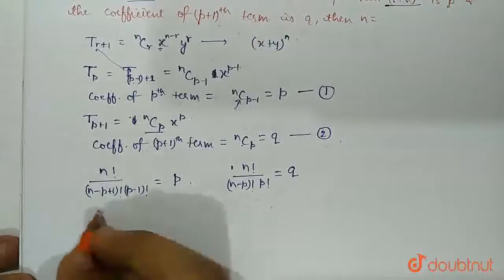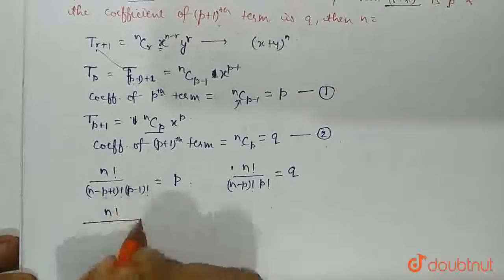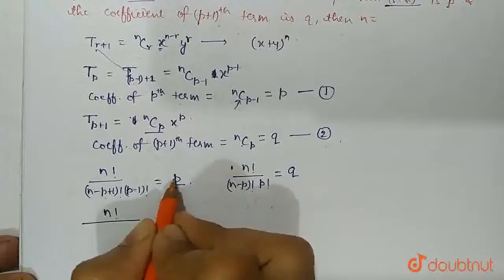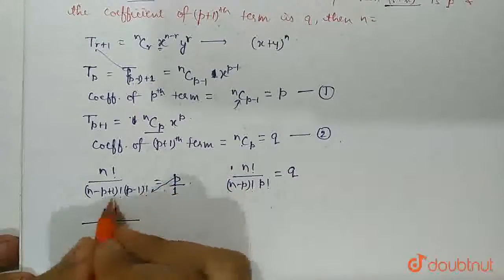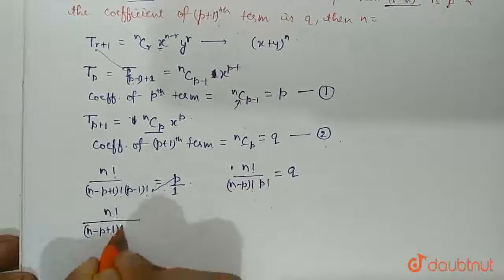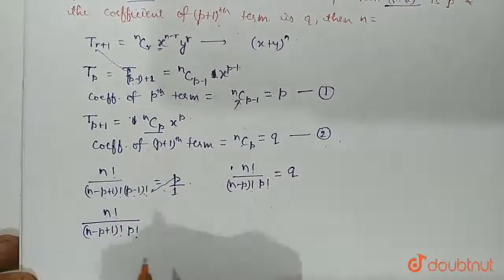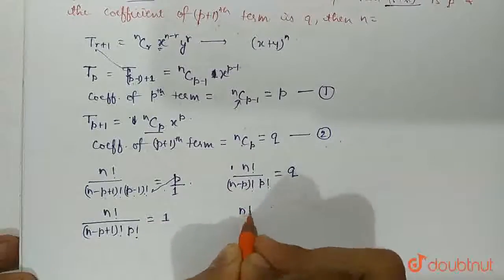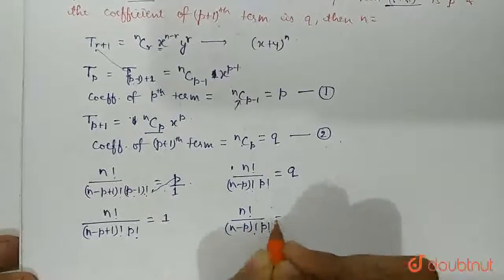Okay, so what we can do here is, this is p upon 1, just cross multiply p here, bring p on the left hand side. So this becomes n minus p plus 1 factorial. P minus 1 factorial into p would be p factorial, and this becomes 1, and here it remains same, n factorial upon n minus p factorial equal to q.